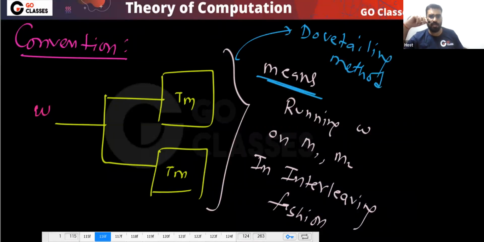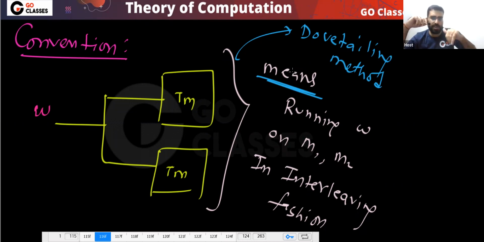Is this clear? Parallel things are not possible. I told you, you cannot do two things in parallel, right? Can your computer, your processor, do two things in parallel?